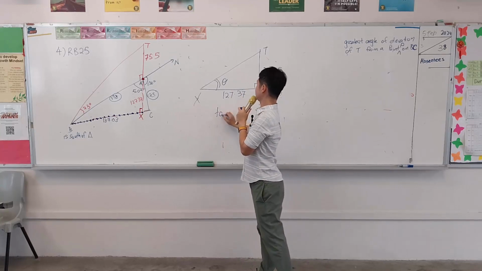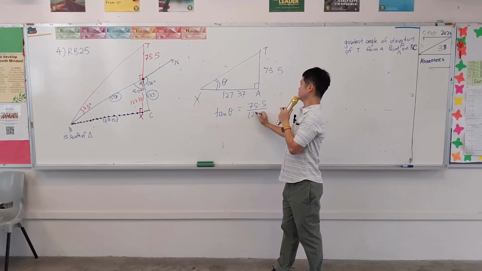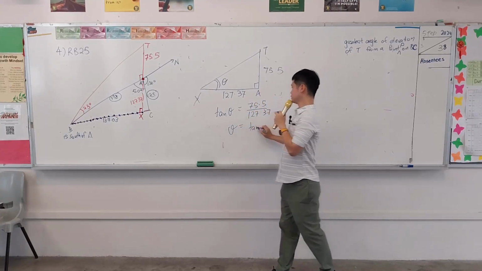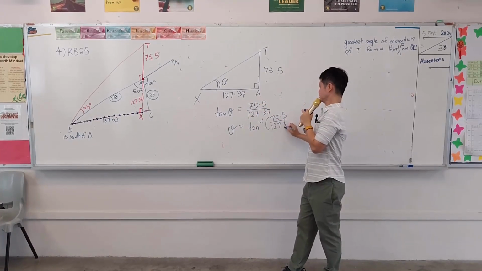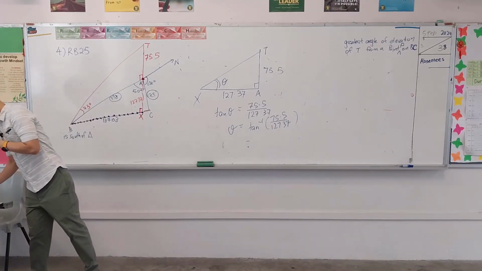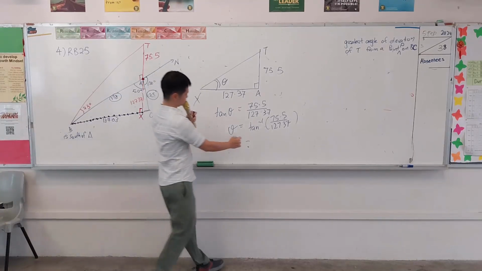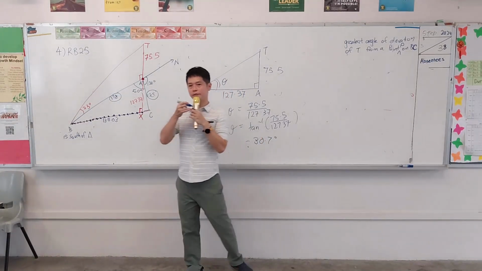Okay, so final part, tangent theta is opposite over adjacent, and tangent inverse finally, the answer is 30.7. Okay, that's it. Bervin, thank you.